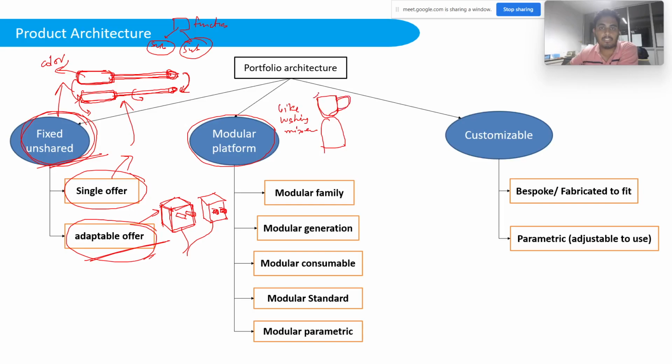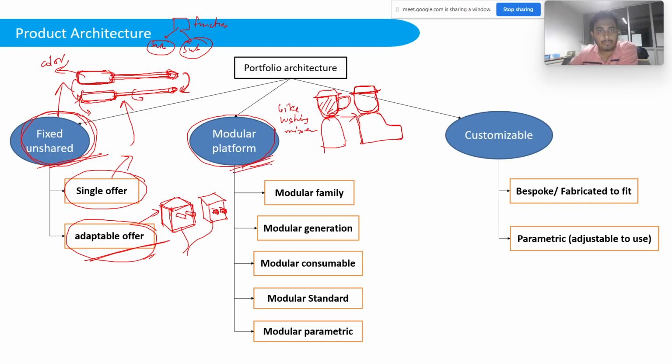In most cases, they do not redesign the top vessels again and again. They may have some variations in the form, the below shape or below functionalities, but they do not provide any variation in the top, so they use the same modality for grinding or making juice. So this is what we are discussing here as modular platforms.